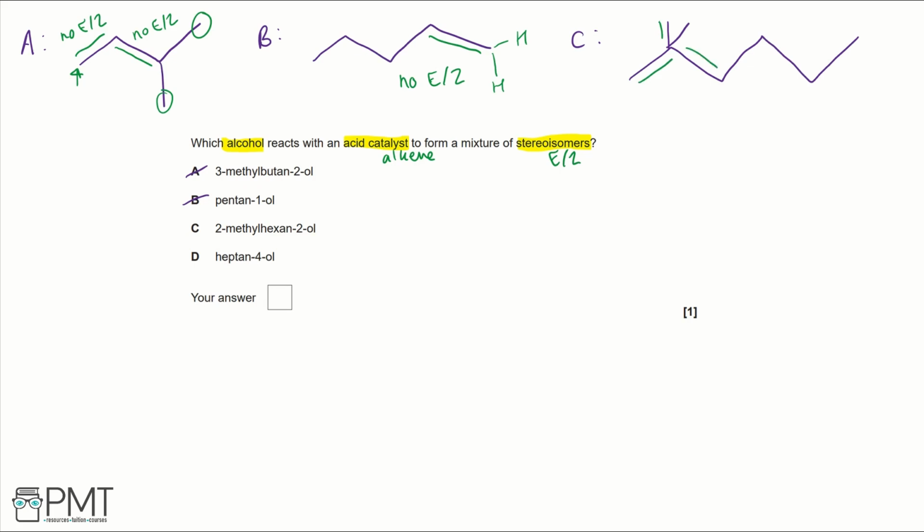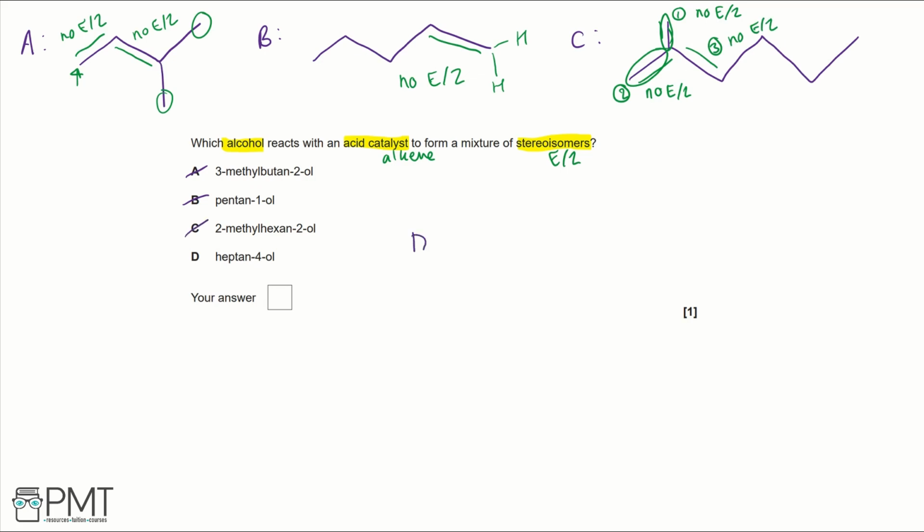And we get rid of this alcohol group. So this first one, we have 2 hydrogens, so we can't have EZ isomerism. Also, on this second one, we have 2 hydrogens, so we can't have EZ isomerism. And then on number 3, we've got 2 CH3 groups, so there's no EZ stereoisomerism. So it can't be C.